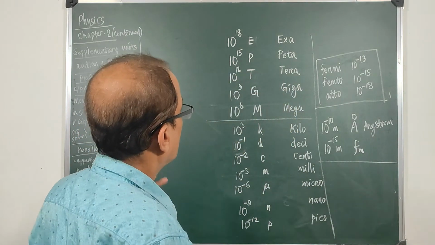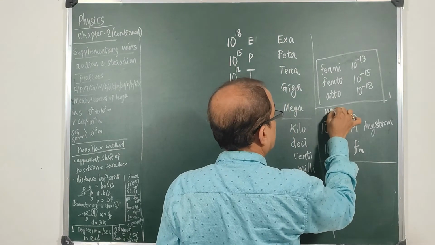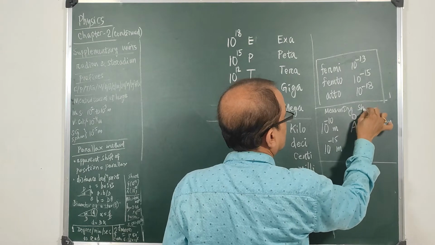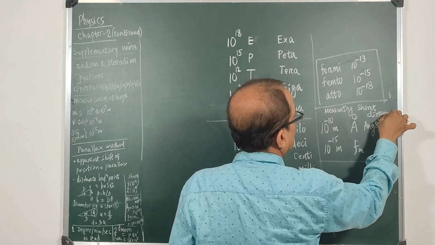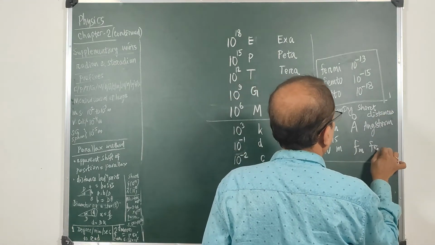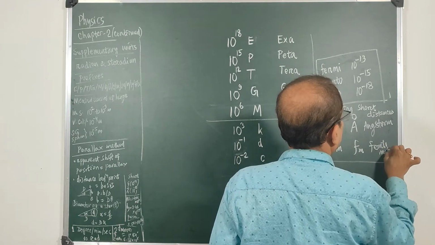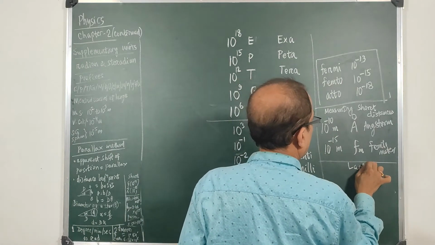And for larger distances, while measuring short distances we are using angstrom or femtometer, but while measuring large distances we take some other values.